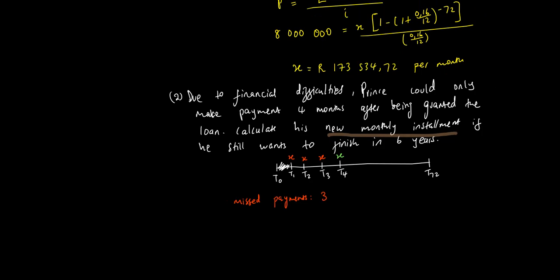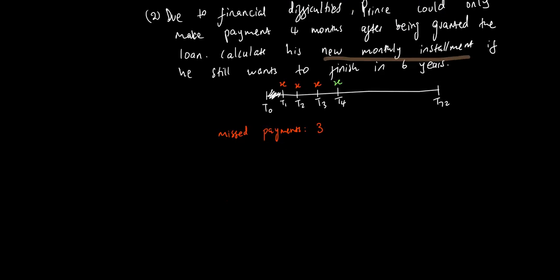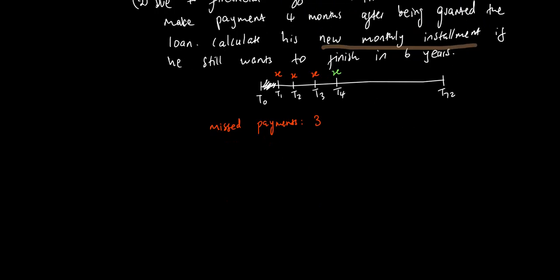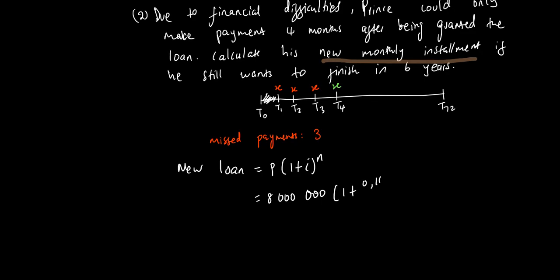Remember, the loan was 8 million. It's going to grow now. The new loan is going to be P into (1 plus i) to the power n. So it will be 8 million (1 plus 0,16 over 12). Remember, that was the interest rate. They grow it using the very same interest rate.